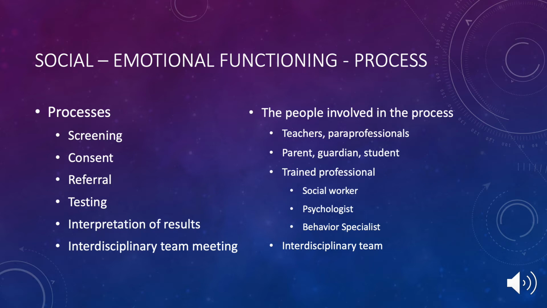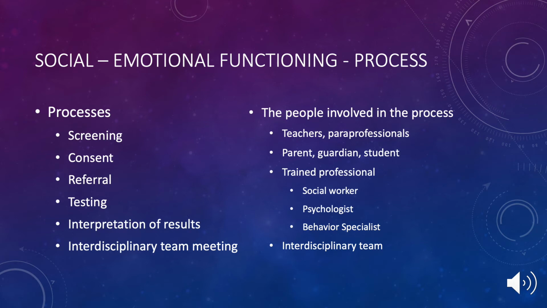So again, our process for assessing includes a screening. We notice a problem, either a parent or teacher. It happens early on, usually during early childhood. We again get consent. There's formal referral, testing, then we meet again to interpret the results. You're going to have teachers, parapros, parent, guardian, the student can be there.